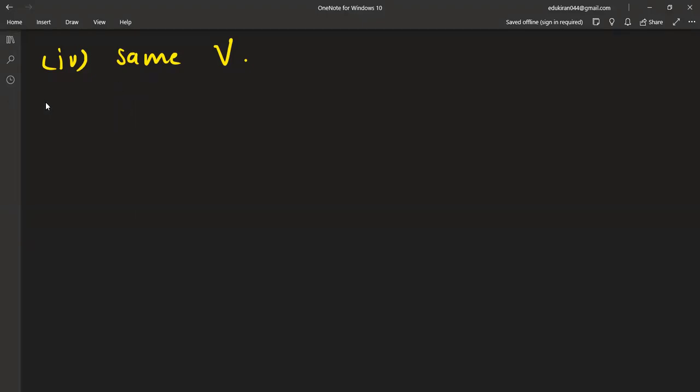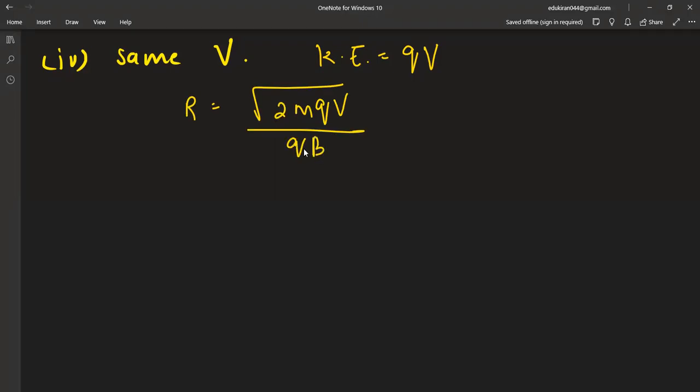So there is one relation which will be discussed in your dual nature. Kinetic energy is equal to charge into potential. So that radius formula which we were using, under root 2m kinetic energy, we can use qV by qB.